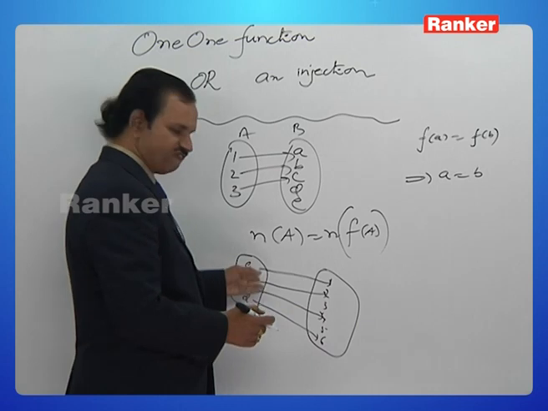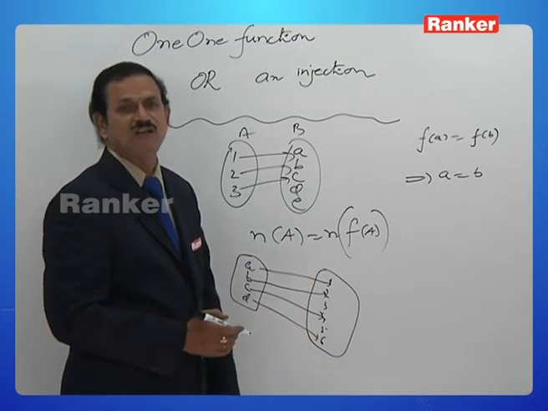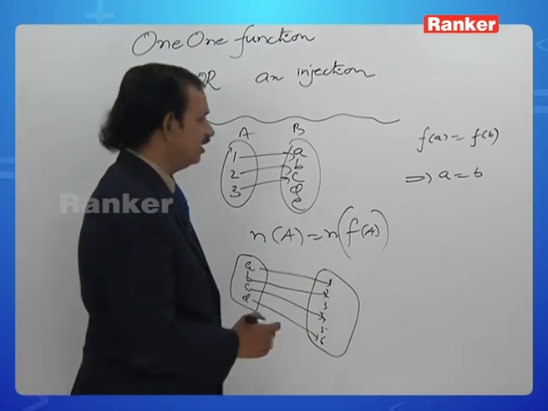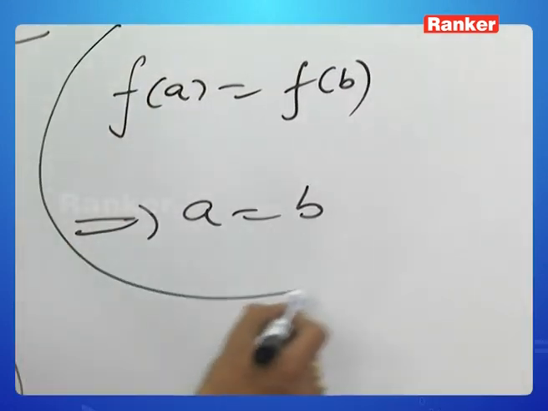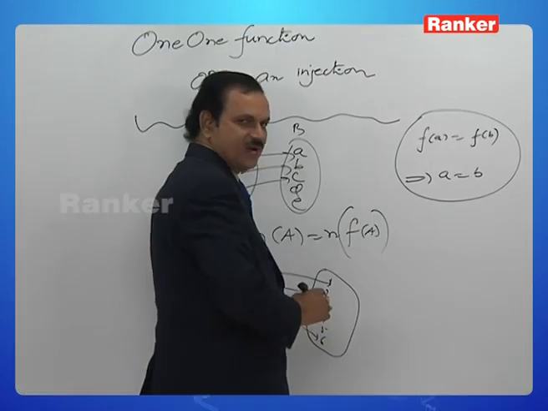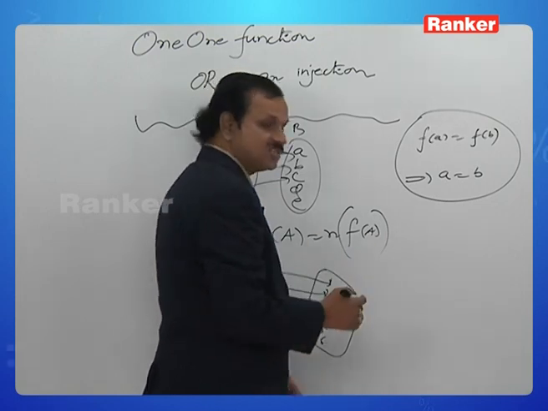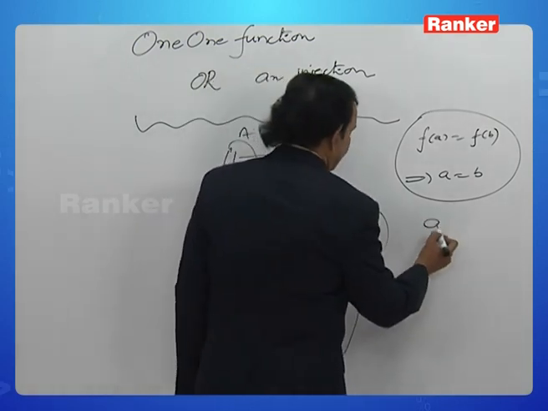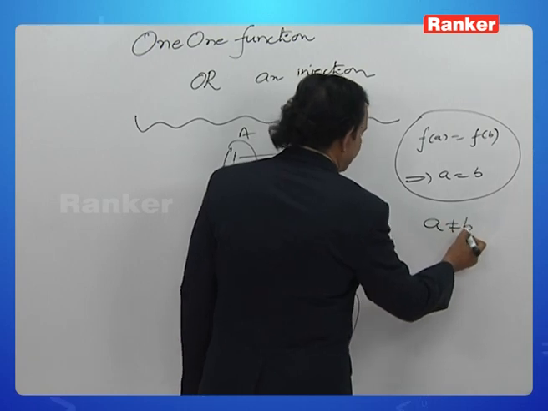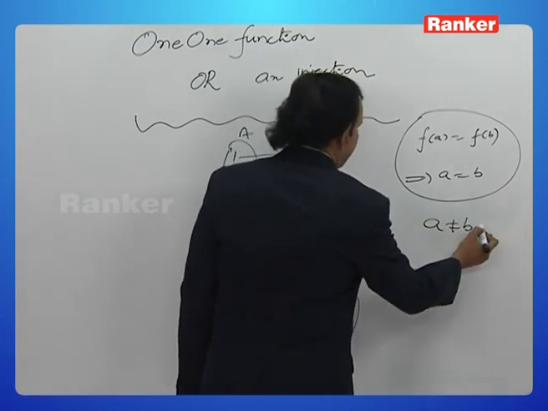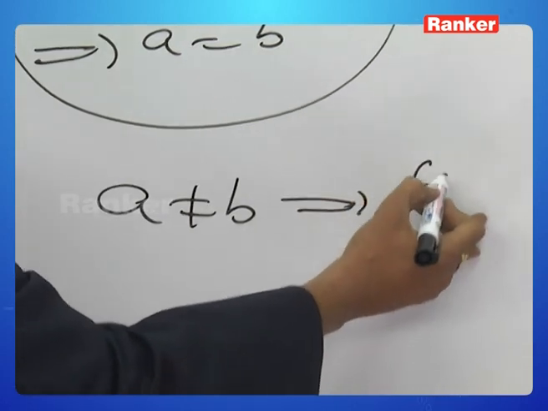If the elements are different, then images must also be different. Therefore, this is the right procedure to check, to test whether a given function is 1-1 or not. Another procedure also is there. What is that? If you take 2 elements, distinct elements a and b, then their images must also be different.